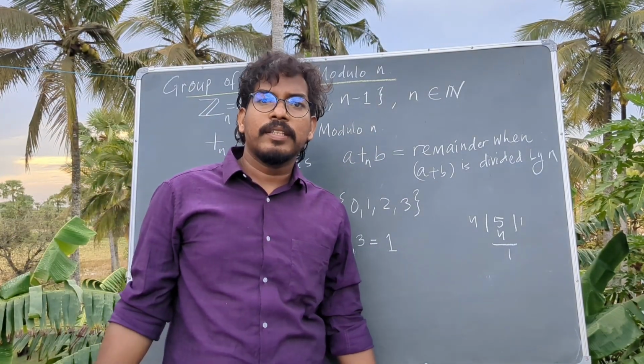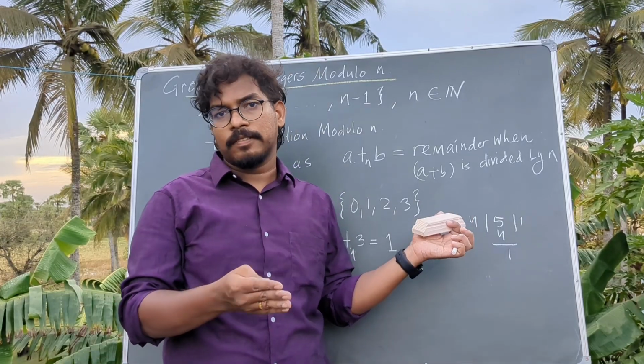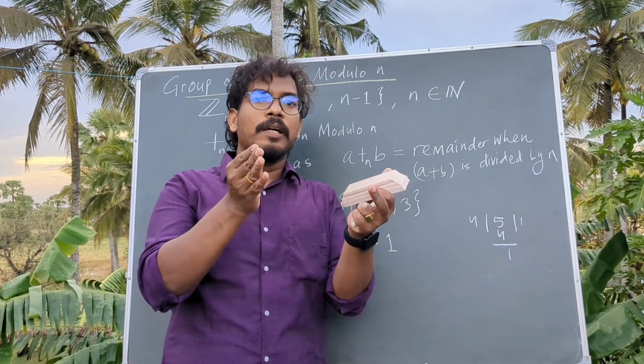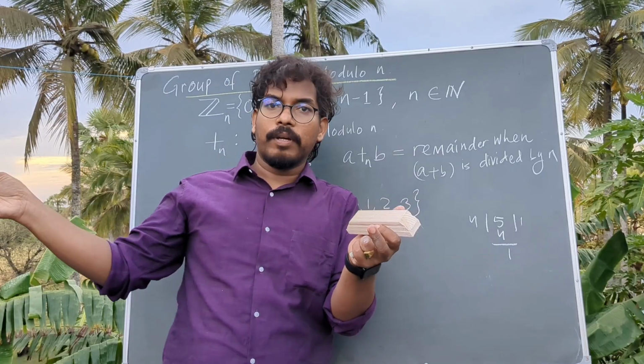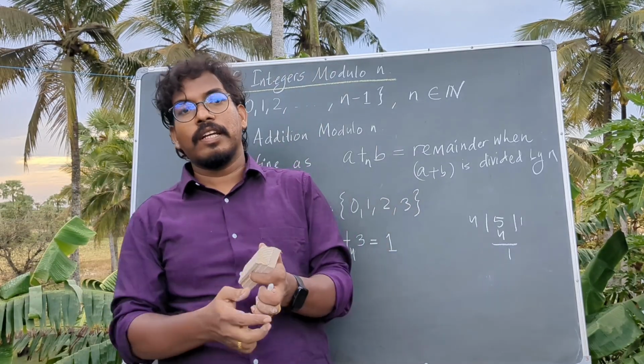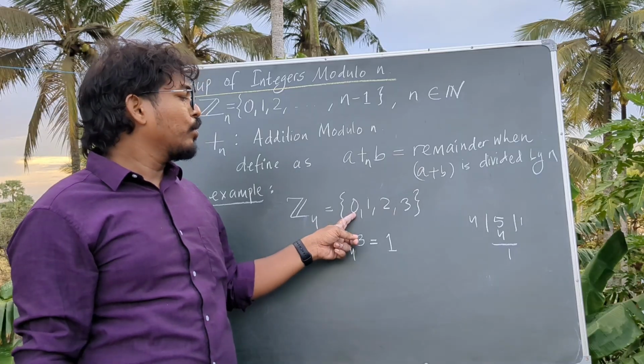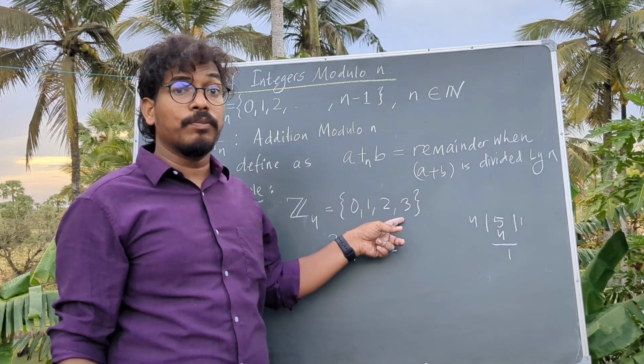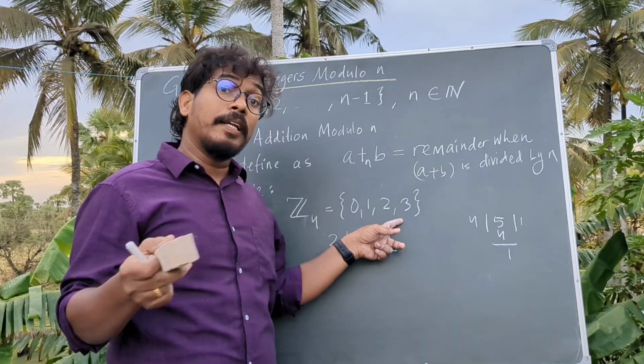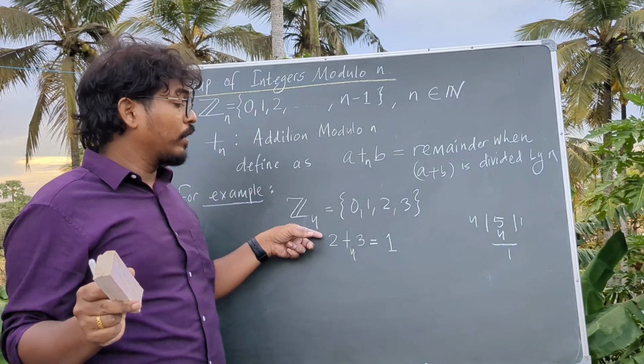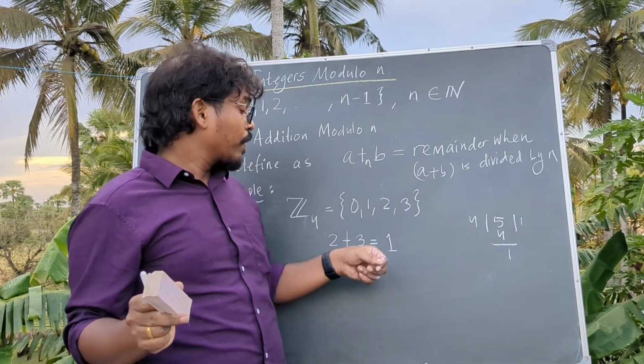So for the moment we are clear what our set is. Zn contains all numbers 0, 1, 2 up to n minus 1. Like in Z4 we have 0, 1, 2, 3, the possible remainders we will get when any integer is divided by 4.